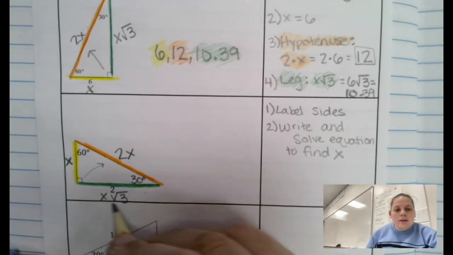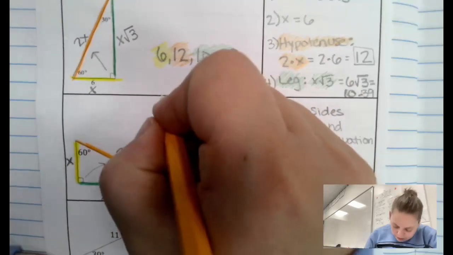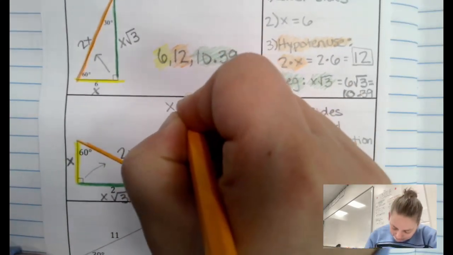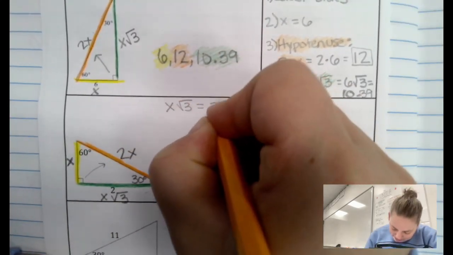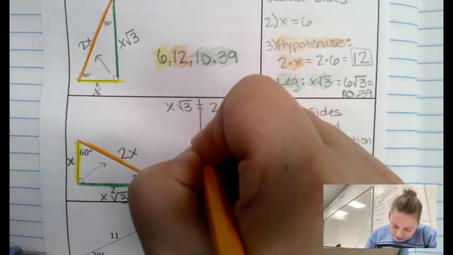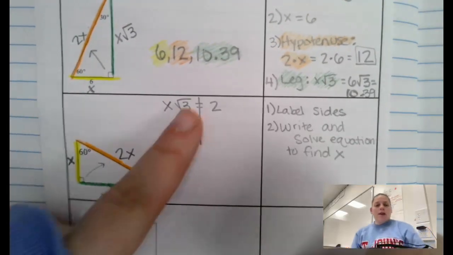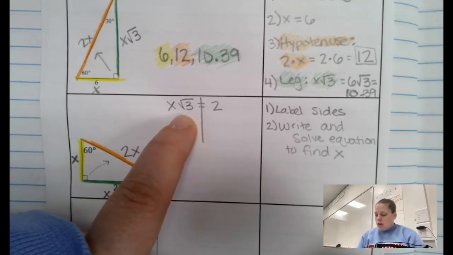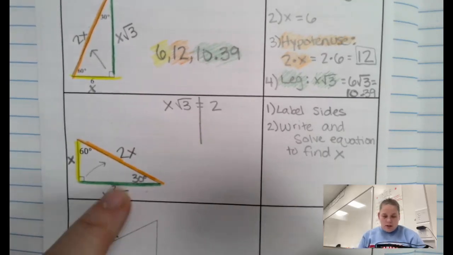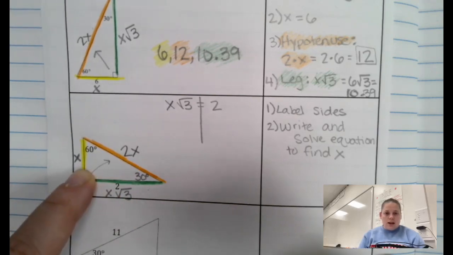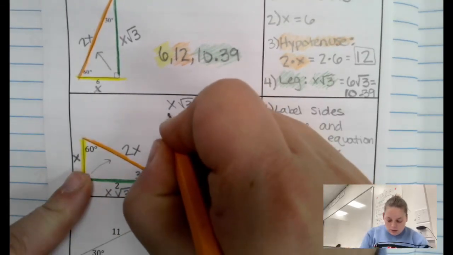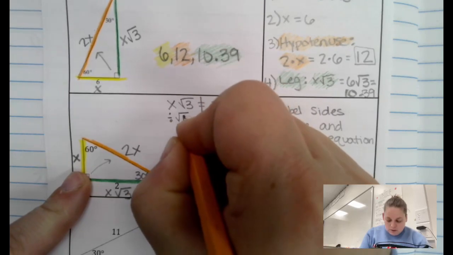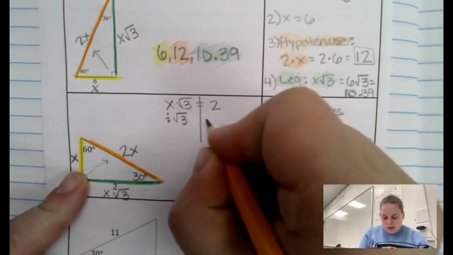So I know that x square root of 3 is equal to 2. If I want to solve that, I would just have to undo this multiplying by square root of 3. And to undo multiplying by square root of 3, to get just x, I would divide by the square root of 3. And if we do it on one side, we do it on the other.